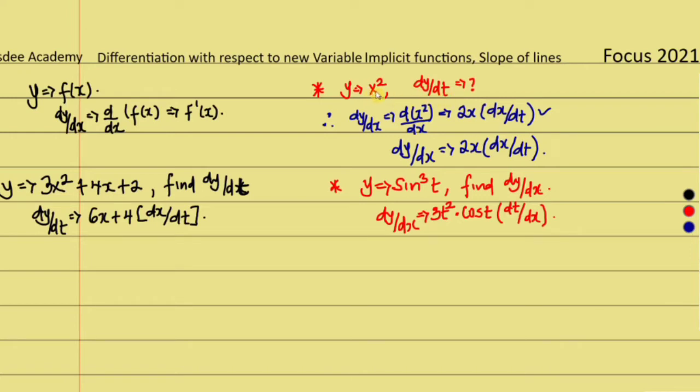The old function is in terms of x, so I have dx divided by dt. In this case also, I'm going to dy by dt. I will differentiate this, then multiply by dx divided by the new function I'm going to. So this is the way we relate all this stuff. Please make sure you don't make mistakes, so that when you have questions on all this stuff, you are not going to fall victim to error.